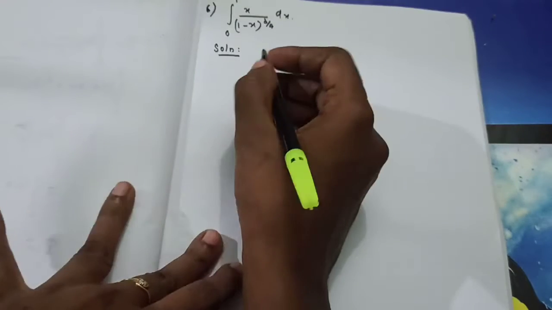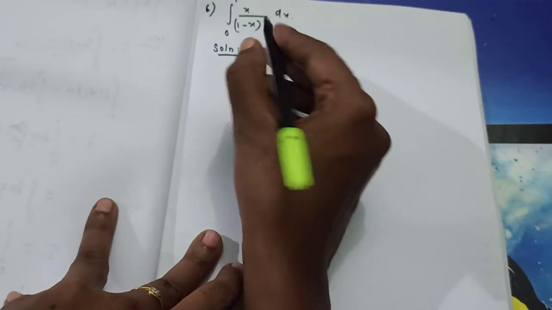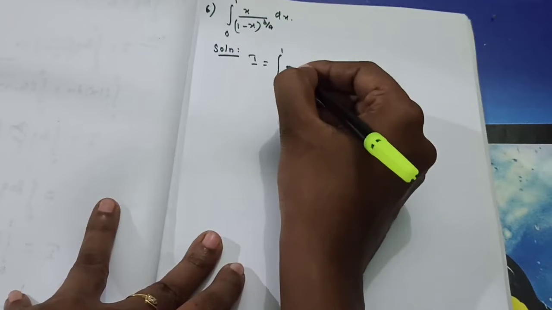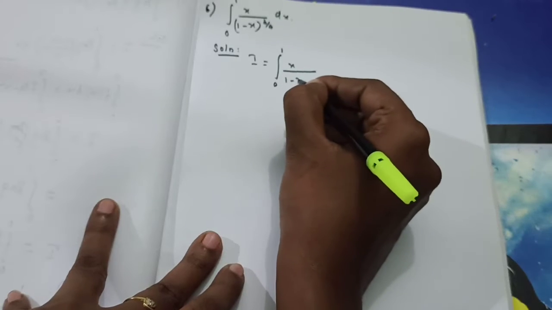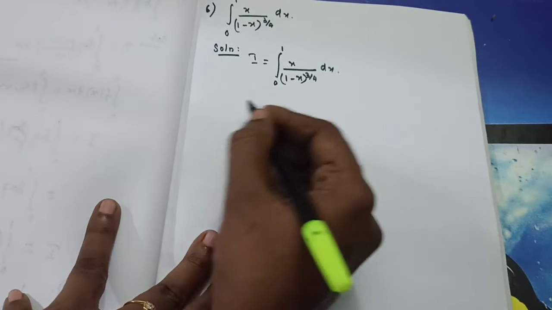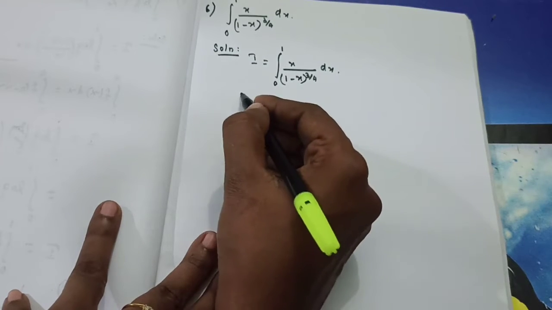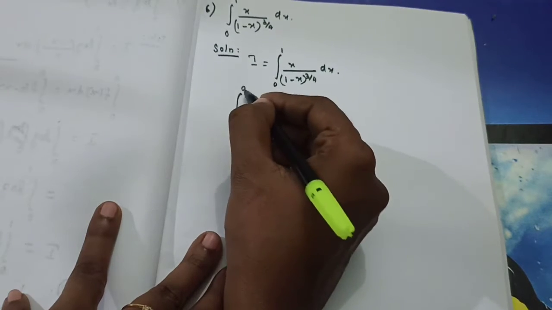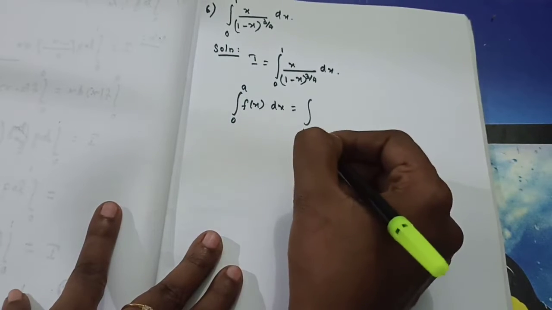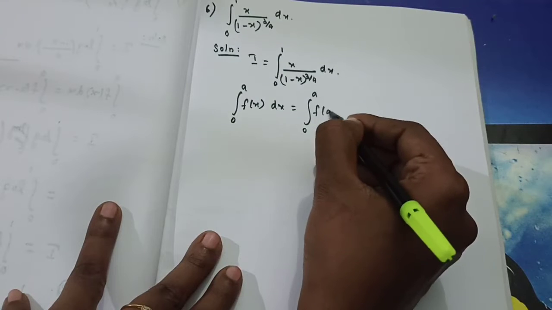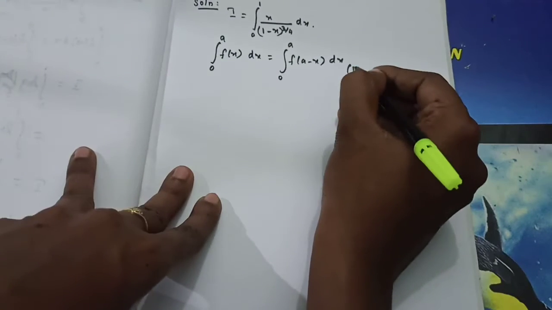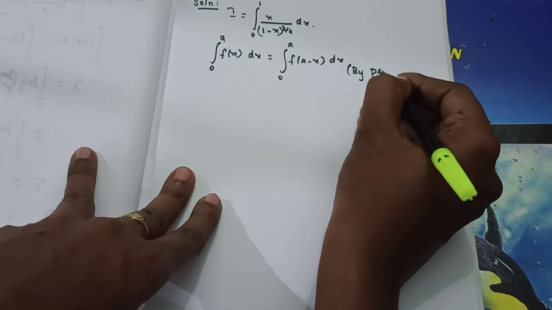Let us consider the given as I. Since the limits are 0 to something, at once you need to consider it as I. That is integral 0 to 1 of x divided by (1 minus x), the whole power 3 by 4, dx. Okay, we will apply the property: integral of 0 to a f of x dx is equal to integral of 0 to a f of (a minus x) dx. Okay, by using the property, we will use the property.